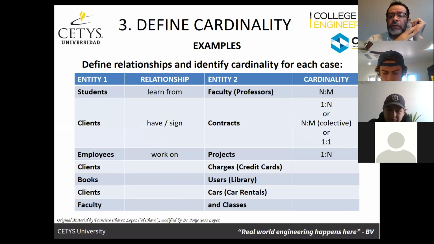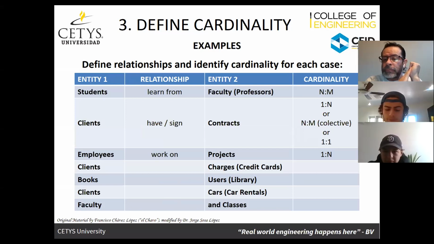The logic here is that a project can be worked on by many employees, but each employee is only assigned to one project, right? That's how we thought it. That could be a situation. That's correct.